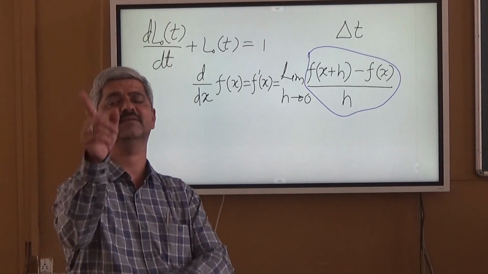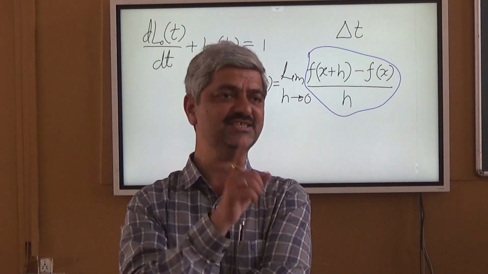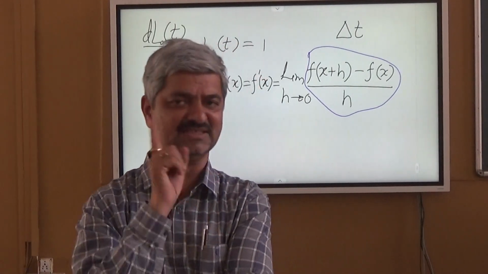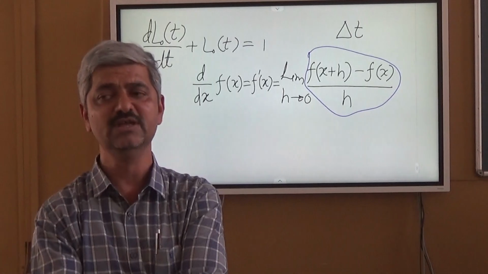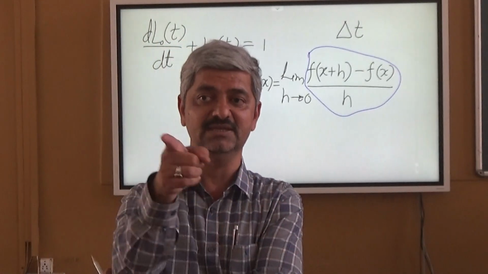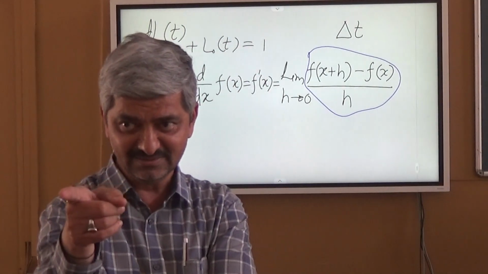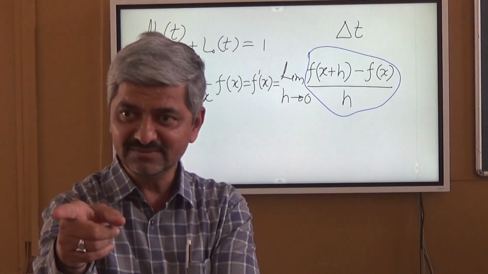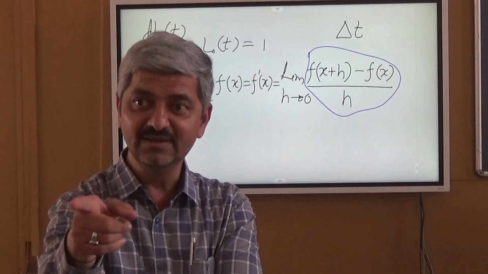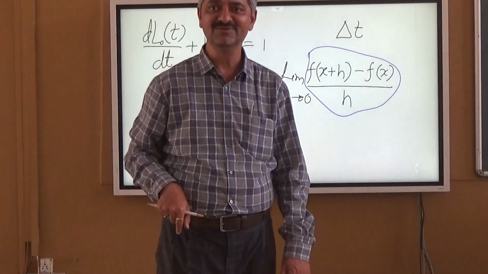So how will you make the derivative expression unbiased? f dash x, f of x plus h minus f of x upon h as h tends to 0, needs to be made unbiased. How will you make it? I think I can sense you have an answer. What is that? f of x minus f of x minus h upon h. Right. But is it biased also?